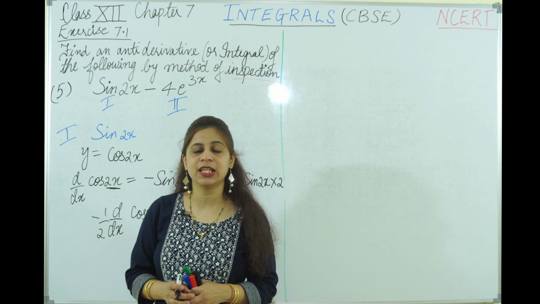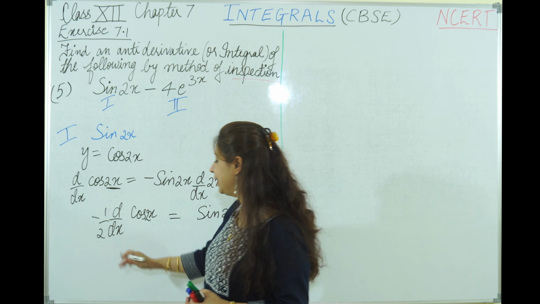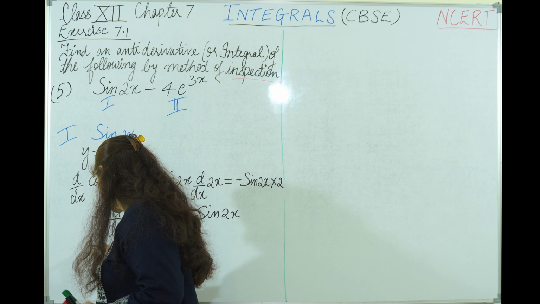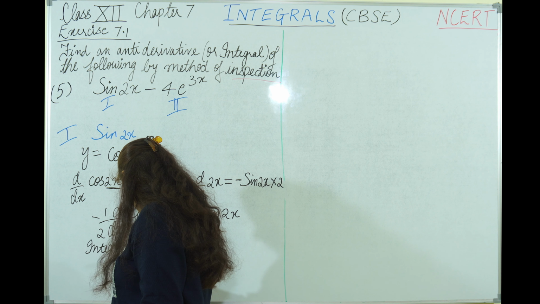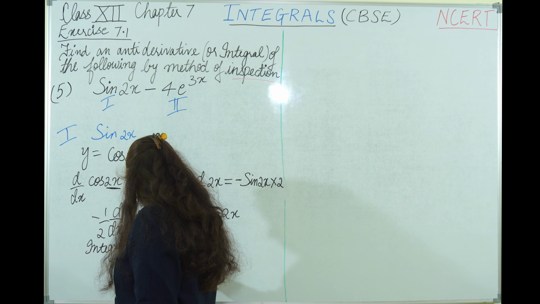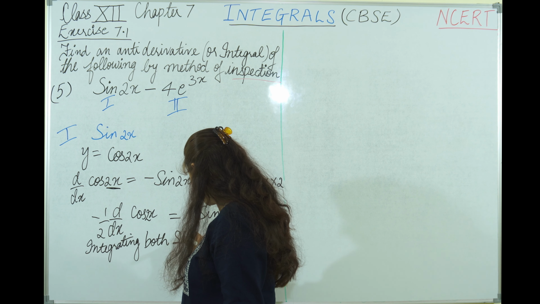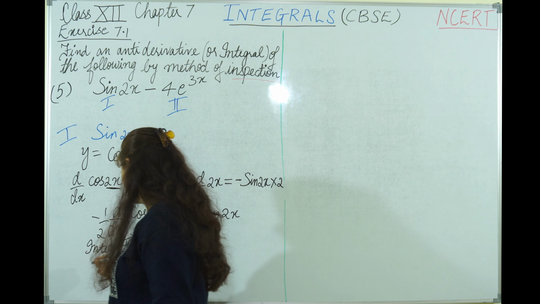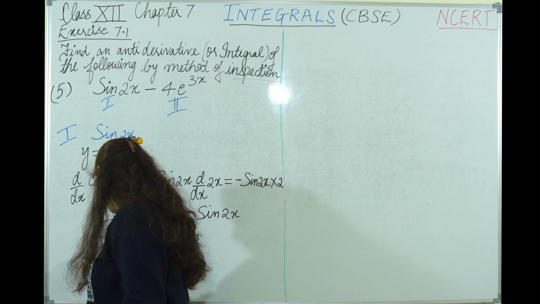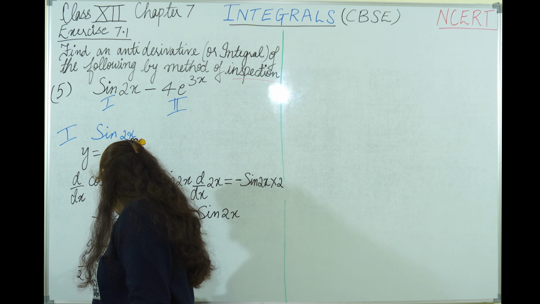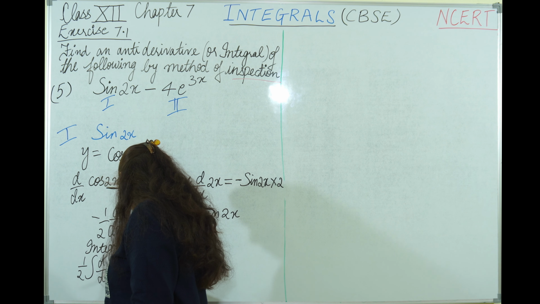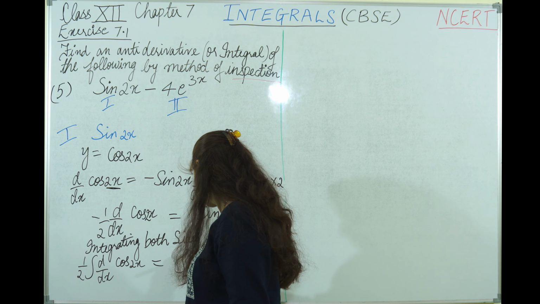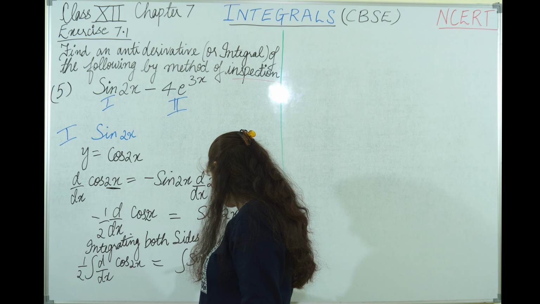If we integrate both sides, then integration of 1 upon 2 d over dx of cos 2x is equal to integration of sine 2x.